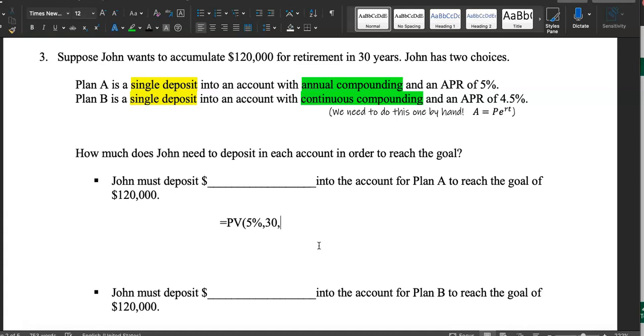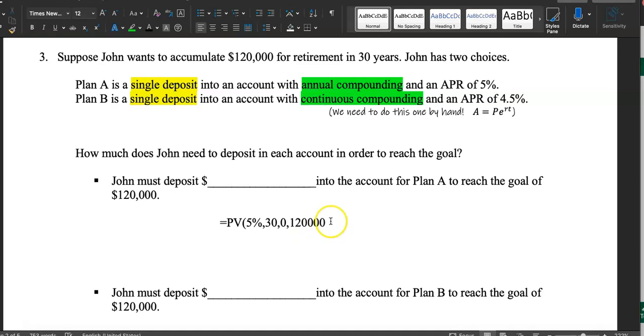Comma. Notice they said a single deposit is required in the beginning, but no additional payments are required. So I'm going to do 0 for the payment amount. And lastly, the future value. John wants to have $120,000. It makes it easier for us to type a comma in 120,000, but don't do that, because Excel doesn't want a comma in the middle.